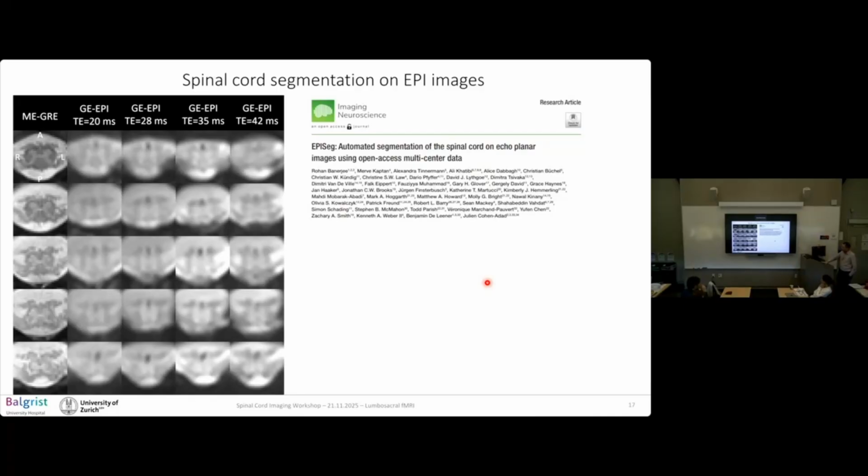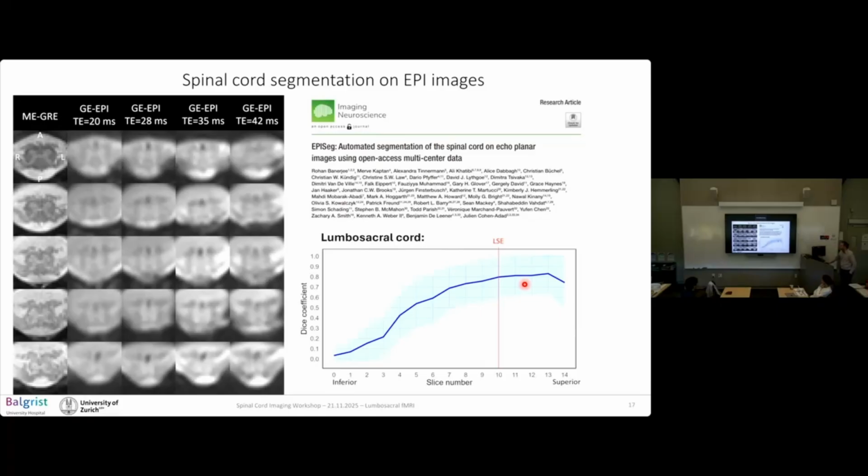That method also included some lumbar images in the training set, but we tested it on an independent data set, and we found okay performance around the lumbosacral enlargement, with a dice coefficient around 0.8, which means we typically still have to correct it a bit.